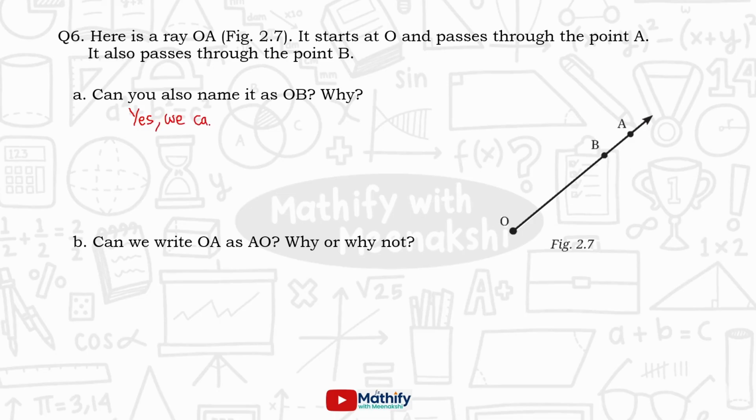We can name OA as OB because the starting point should be the same. Here the starting point is the same, that's O, because they have O as the initial point.